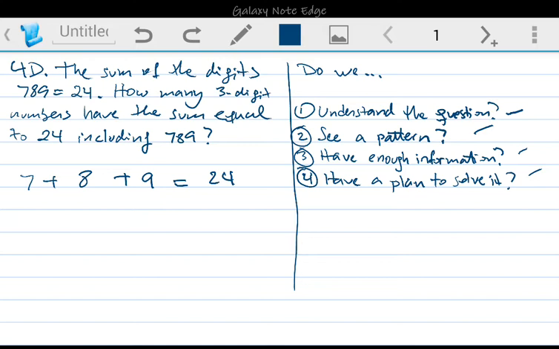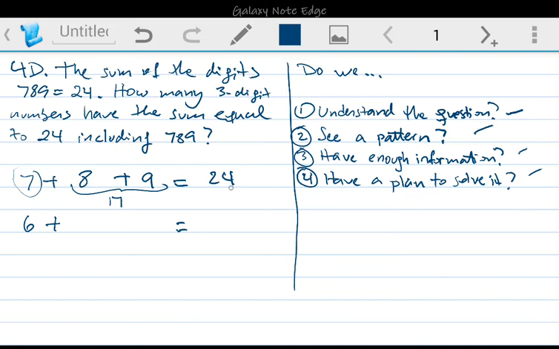So let's do it this way. If we take these two numbers, okay, these two add to 17, correct? 8 plus 9 is 17. Okay, so if we change the first digit to 6, then 6 plus what number equals 24?